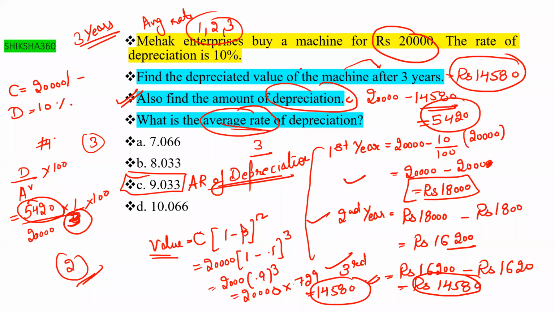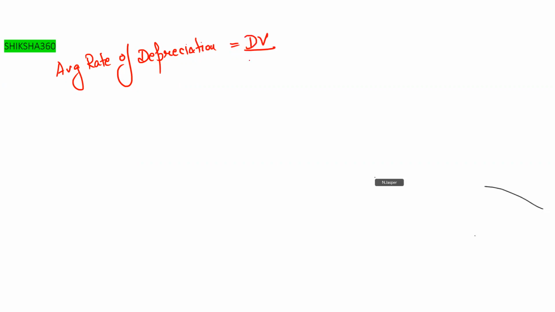Last step, I will tell you once again. They will ask what is the average rate of depreciation. First of all, we give the depreciated value upon the actual cost, and we have to find the average, so we divide by 3 because this is the value for 3 years, into 100.